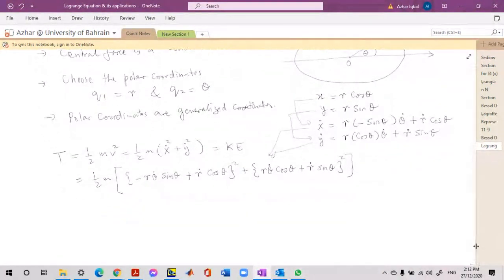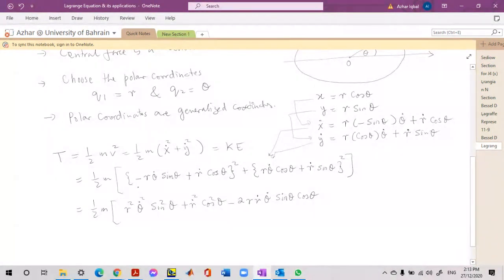In order to obtain the expression for the kinetic energy, I get half m times, expanding the square terms, r square theta dot square sine square of theta plus r square theta dot square cosine square of theta minus 2 r dot theta dot sine theta cosine of theta.